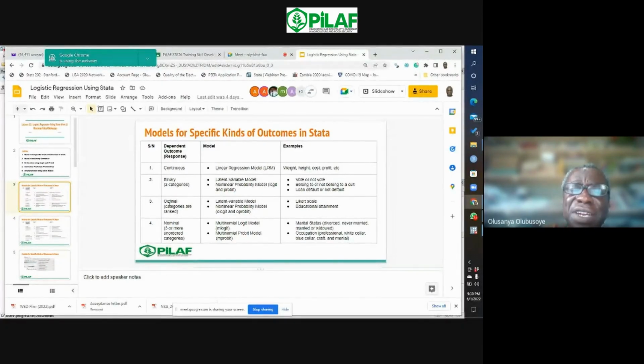If the dependent variable has 3 or more categories, then you use multinomial logit. So don't confuse this. The discussion today is about the choice of model for different dependent outcome variables.